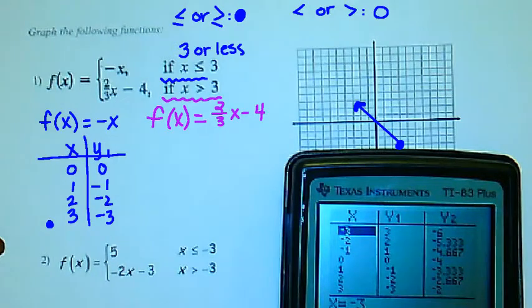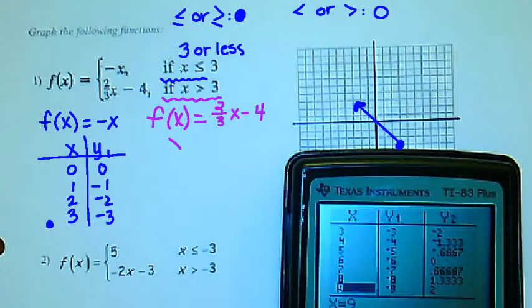For this one, I want numbers greater than 3. So I'm going to start when x is equal to 3, and take a little bit more. Remember I told you that I only want you to graph whole numbers, unless it's something like 1/2. You can do 1/2.